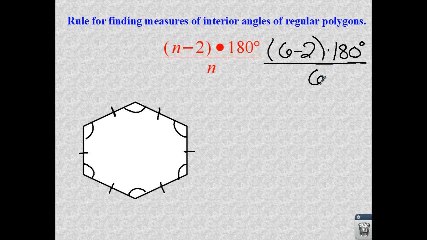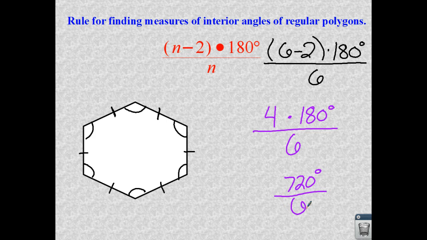All right, so let's see here. We have 4 multiplied by 180 divided by 6. Well, 180 times 4 is 720 degrees divided by 6.